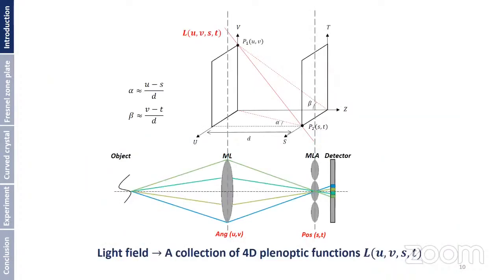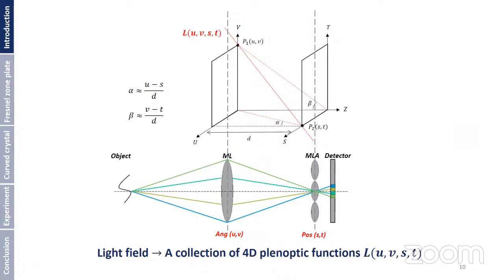Each ray captured by the plenoptic camera is actually parameterized by 4 coordinates of its intersections with the 2 separate planes, the plane of the main lens and the plane of the micro-lens array.